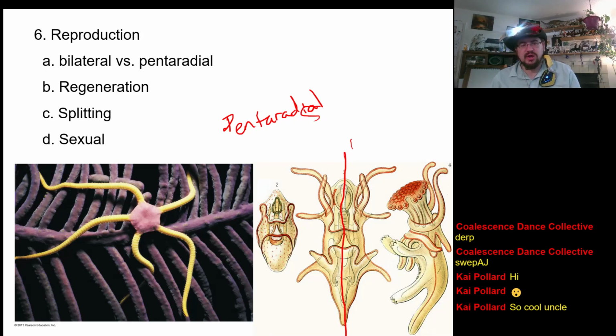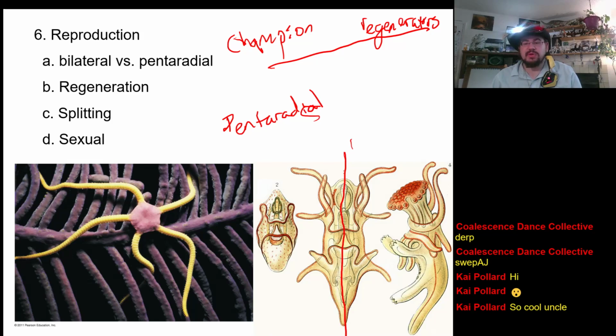All right, sea stars are champions of regeneration. So they are champion regenerators. Wow, that is just a terrible image, or terrible writing. But basically, as long as you have a section of the central disc, right?